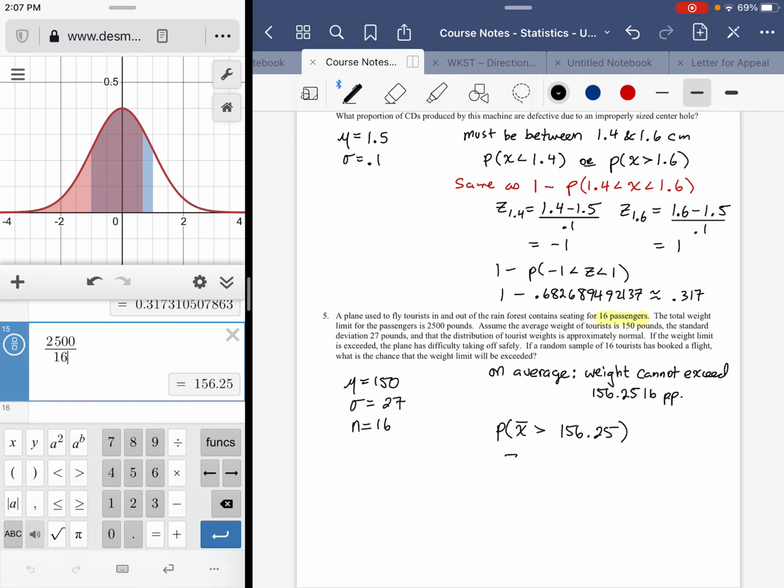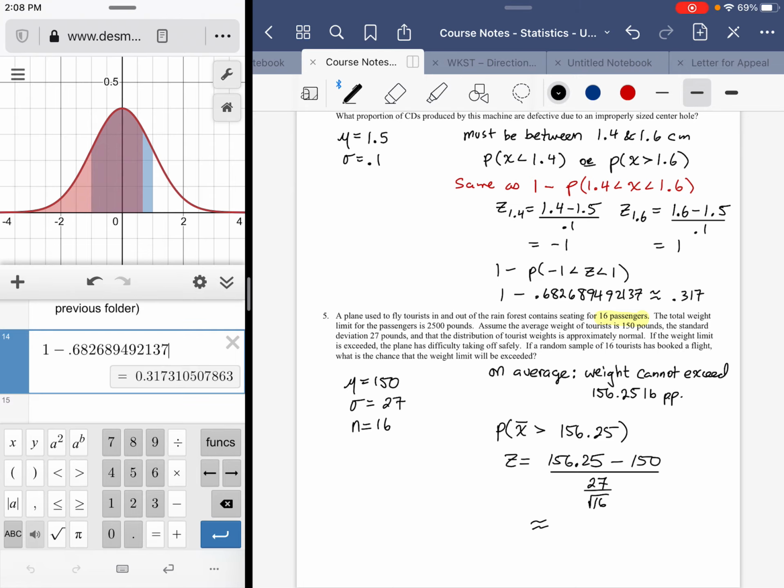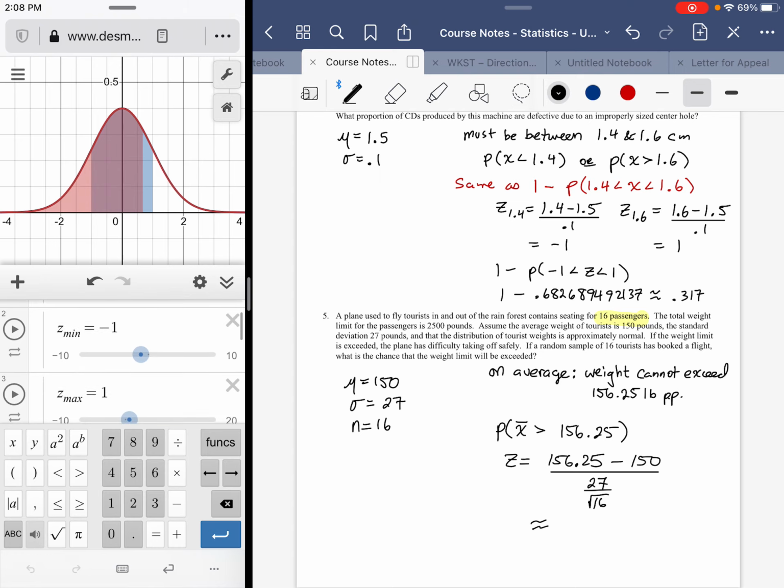All right. So we're looking for the z-score corresponding with that 156.25 minus the mean of the group, divided by the standard deviation of 27 over the square root of 16. I'm going to crunch those numbers.